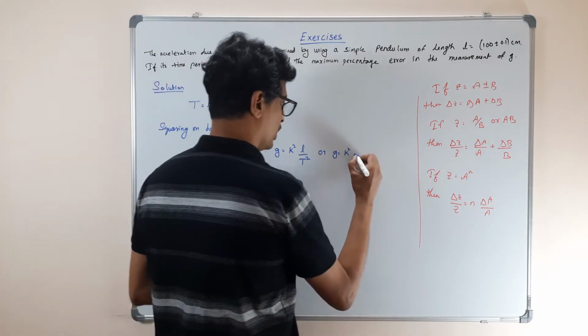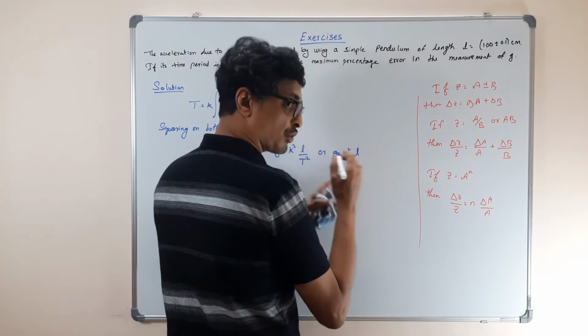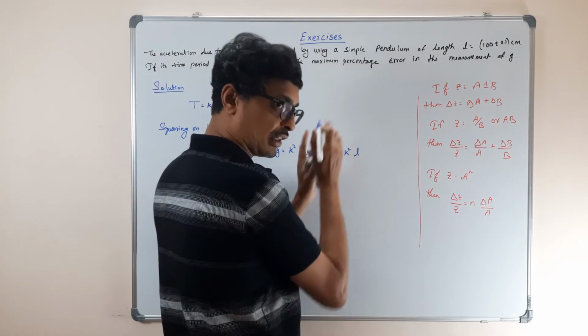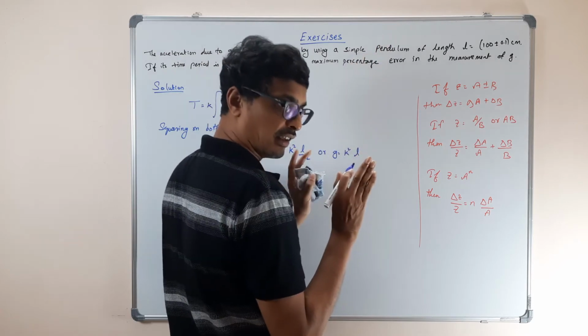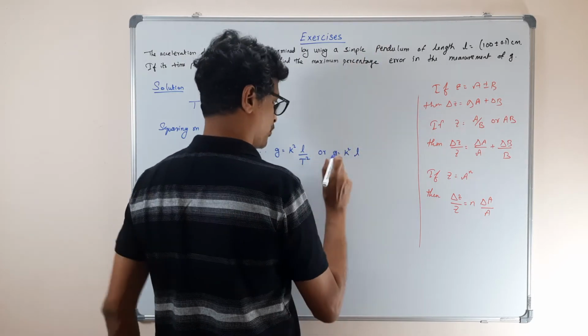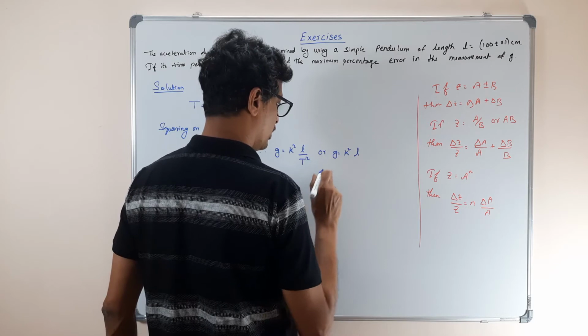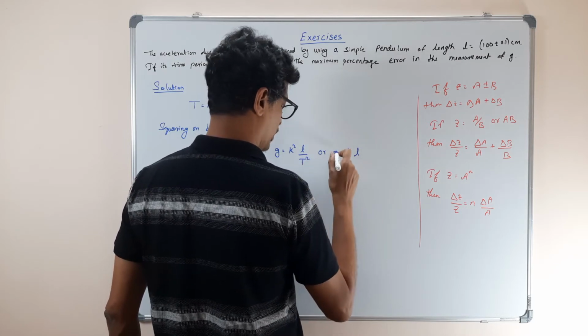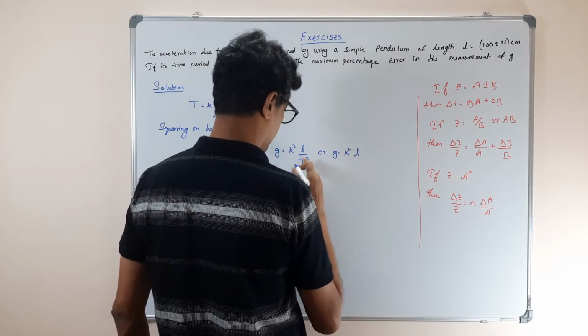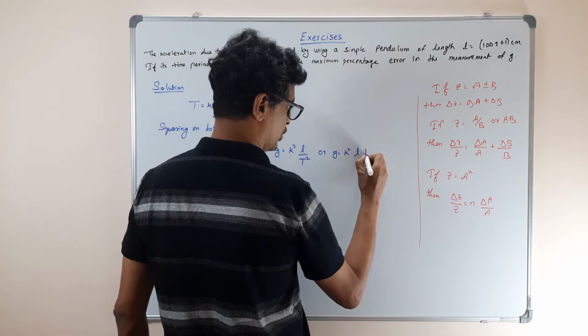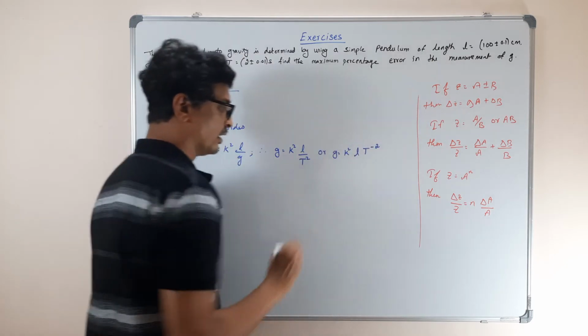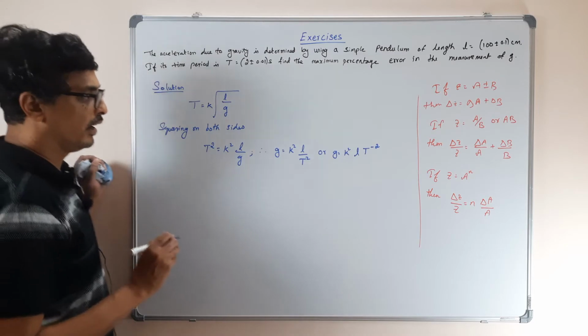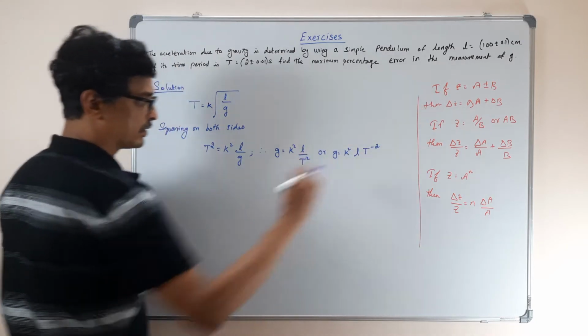L will of course have an error, but in our case they don't provide any error in the constant term, and I think it will have only 2 pi, so it won't have an error. So G equals K square L T to the power of minus 2.